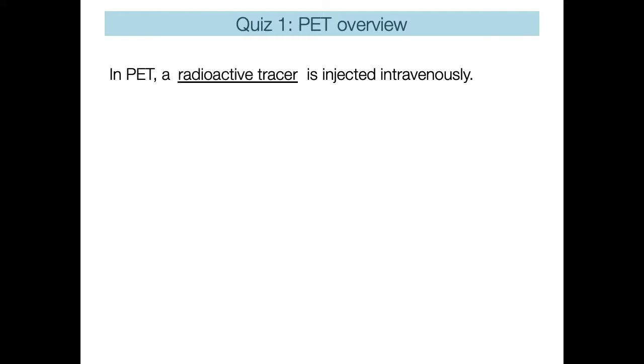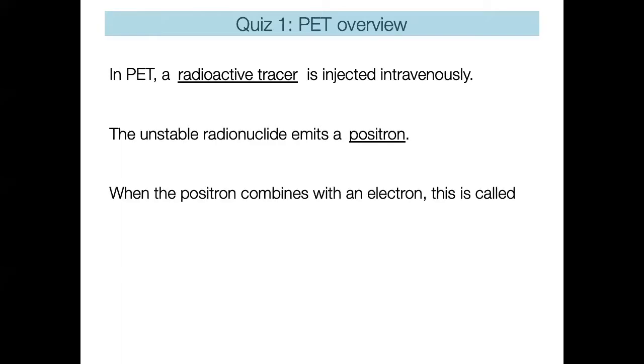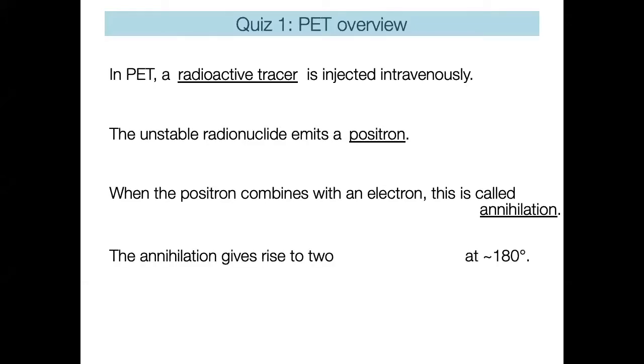Yes, very good. Excellent. So next, the unstable radionuclide emits a... Very good. Next one. When the positron combines with an electron, this is called... Excellent. You're getting really, really good at this. All right. Next one. The annihilation gives rise to 2 blank at an 180-degree angle.